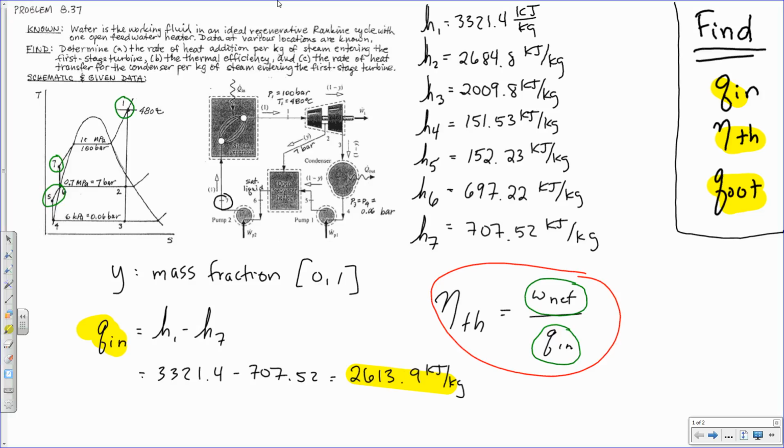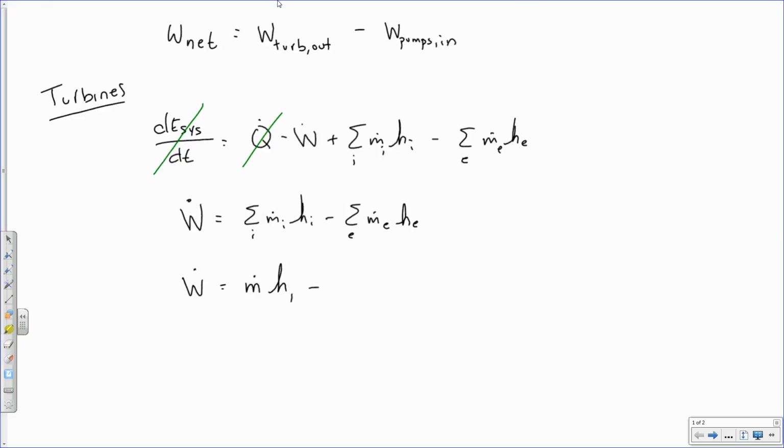So state 2 sees a fraction of the total mass flow rate, called Y M dot, times its enthalpy at state 2.